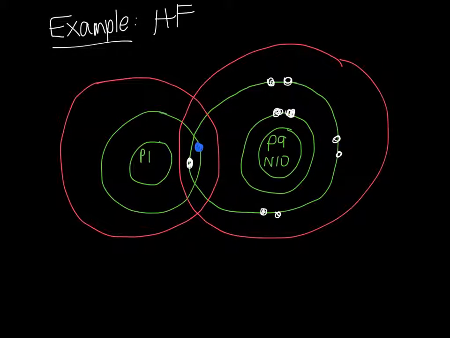So when these two atoms share electrons between them, they both feel like they have a full outer shell. That makes them chemically stable, and they form a covalent bond.